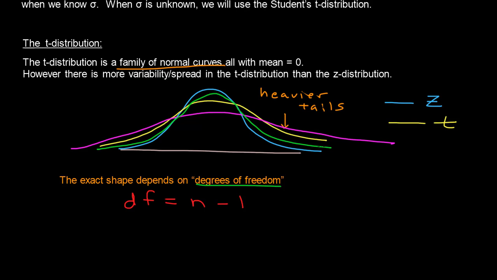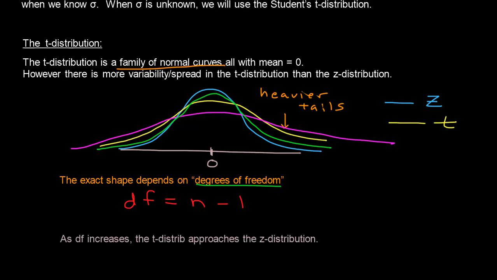However, we can see that these all are normal curves. They all have a center of 0, and the spread is dependent on this thing called degrees of freedom. As the degrees of freedom, which is just sample size minus 1, increases, the t-distribution will look more and more like a standard Z distribution.